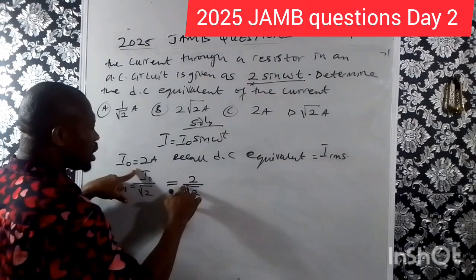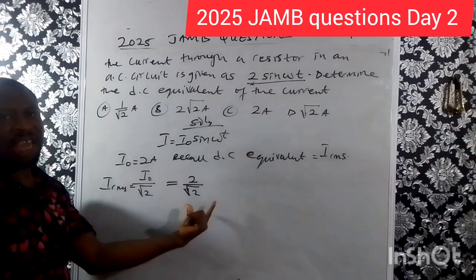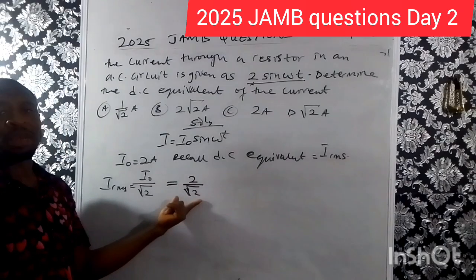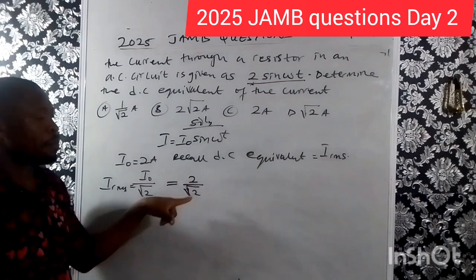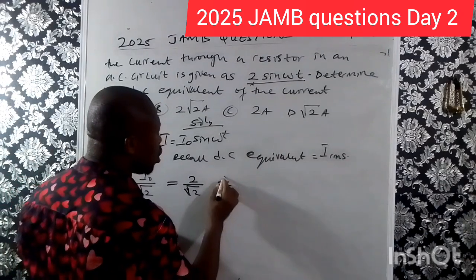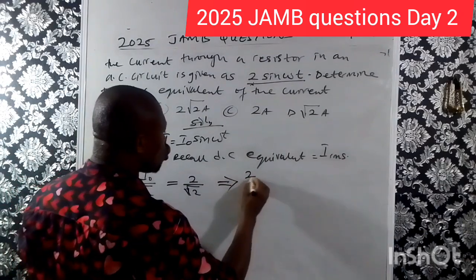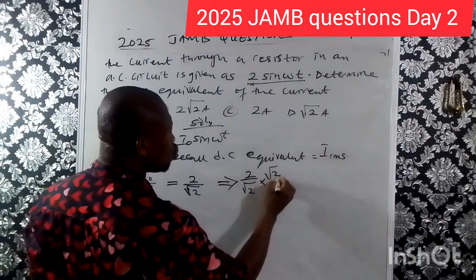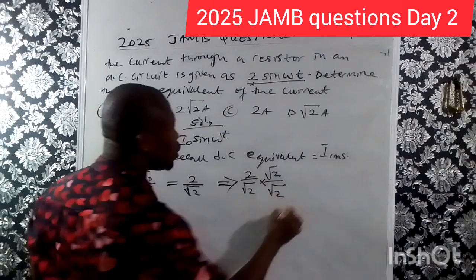Now, do we just leave it like this? How do we rationalize this? Multiply both the numerator and denominator by the value of the denominator. So we now have 2 all over square root of 2 multiplied by root 2 all over root 2.